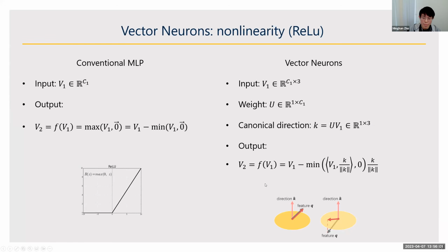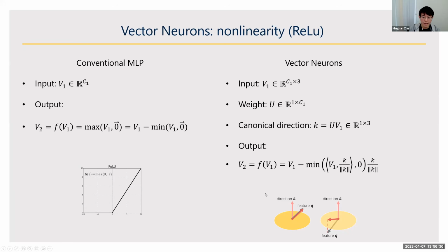So basically, this vectorized ReLU is just lifting this truncation to a higher domain, a 3D domain, and using a hyperplane to represent the 0 point. Every vector on one side of the hyperplane is kept unchanged, and on the other side of the hyperplane is projected onto the hyperplane, which is the truncation.